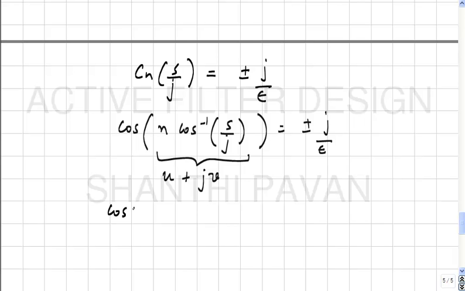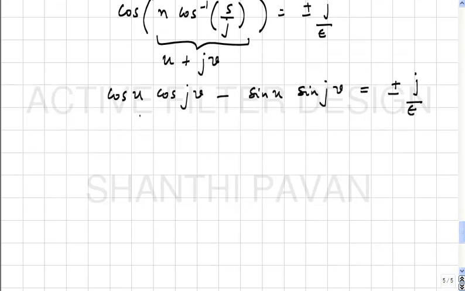Now, what is cosine of u plus jv? It's cos u cos jv minus sin u sin jv, and this must be equal to plus minus j by epsilon. Now, what is cos of jv? Hyperbolic cosine of v. What is sin of jv?